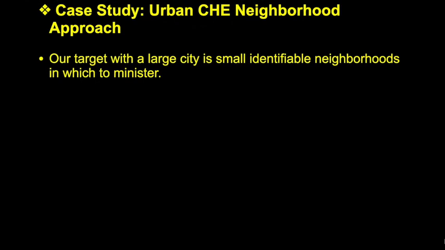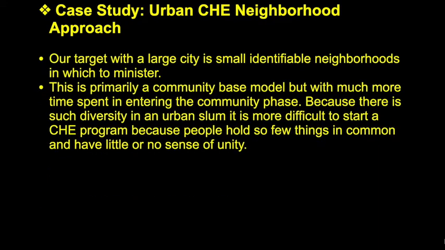Our target with a large city is a small, identifiable neighborhood in which to minister. This is primarily a community-based model, but with much more time spent in entering the community.